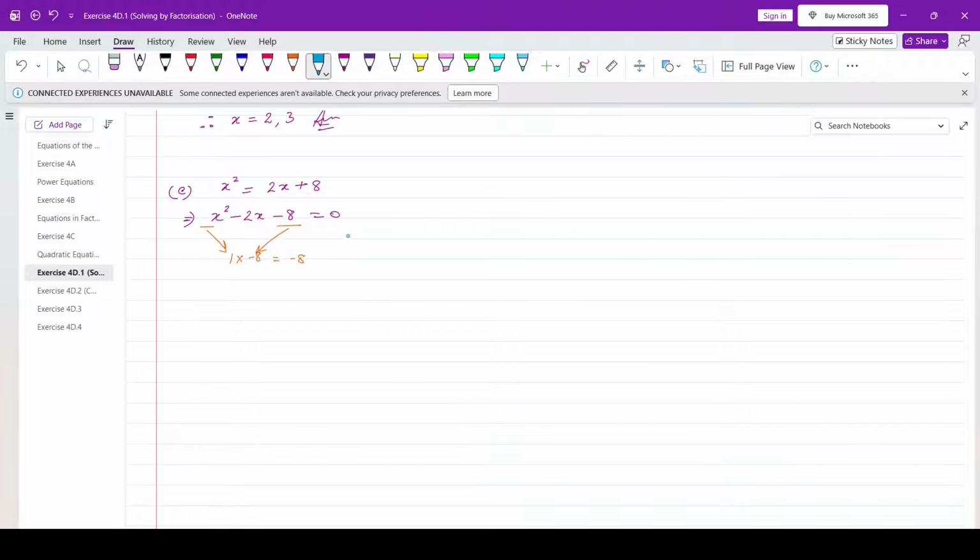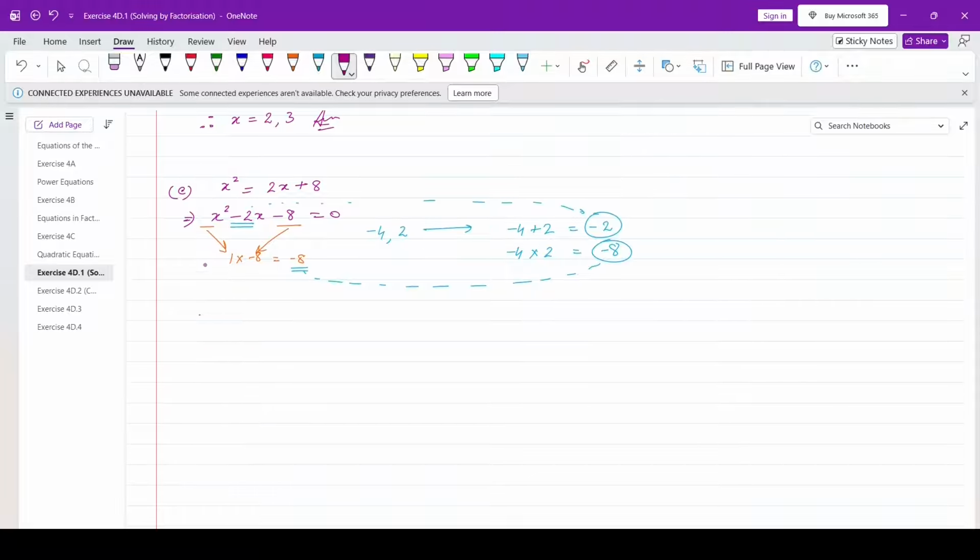Now two such numbers, so that the summation of those two numbers is negative 2 and product is negative 8, are negative 4 and 2. So if we check, negative 4 plus 2 is equal to negative 2. This number is equal to this number. And negative 4 times 2 is equal to negative 8. This number is equal to this number.